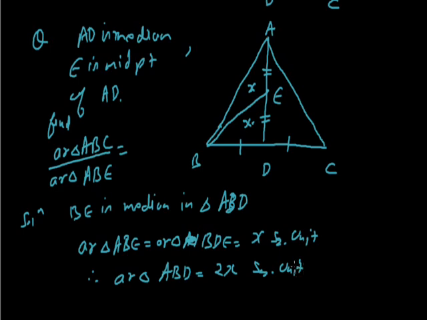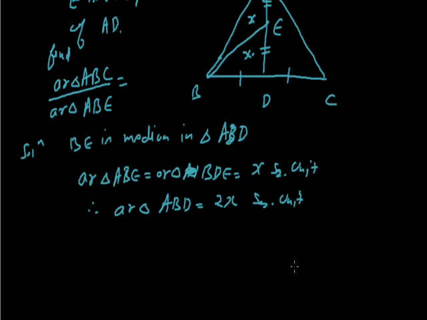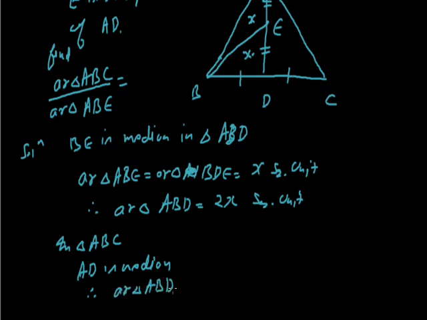Now in triangle ABC we see that AD is a median. Therefore area of triangle ABD is equal to area of triangle ADC, because area of triangle ABD is 2x, therefore ADC is also 2x square units.